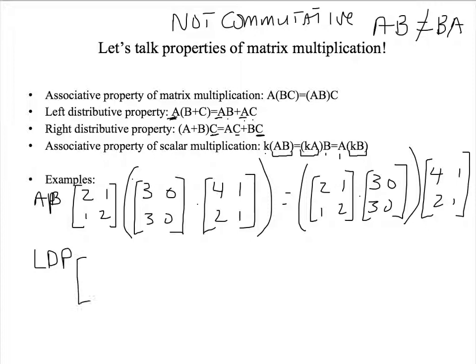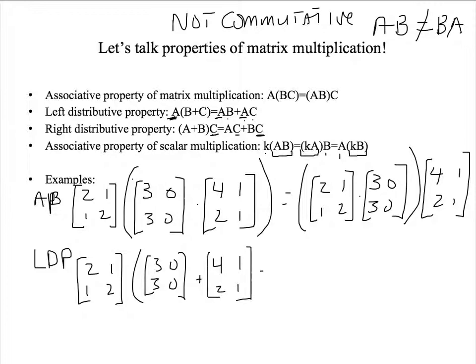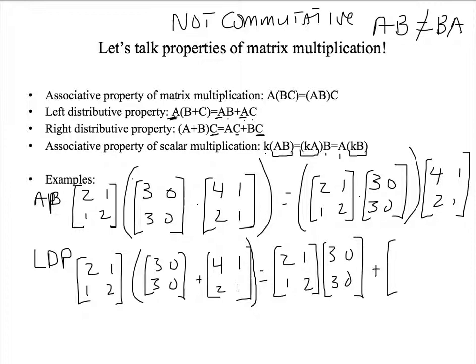So if I am multiplying this matrix by the sum of these two matrices, that is the same as saying I'm going to multiply the first matrix by the second matrix and then add that product to the product of the first matrix times the third matrix. So those are the two examples I wanted to show you.